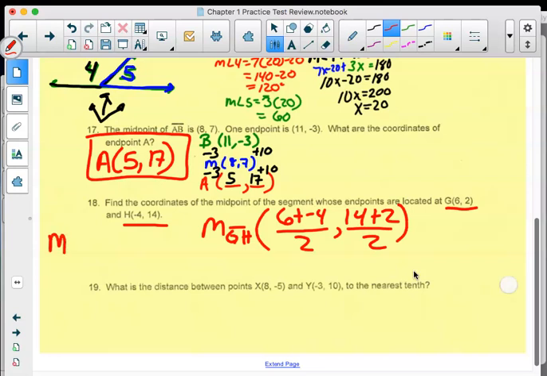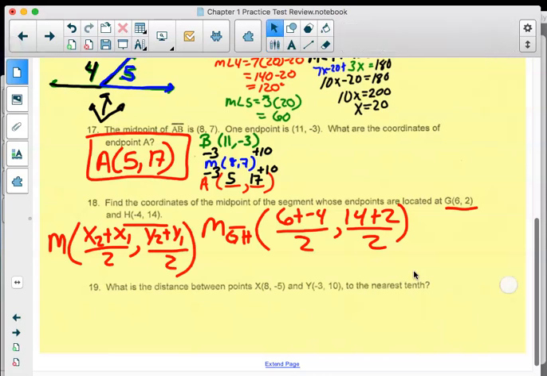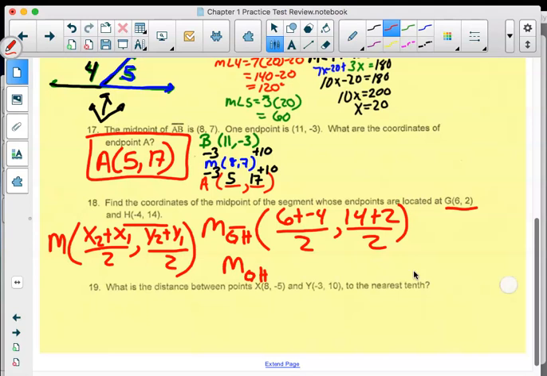Midpoint is my x sub 2 plus x sub 1 divided by 2, y sub 2 plus y sub 1 divided by 2. That's what I'm using. So when I do this, I just evaluate. So the midpoint of segment GH is going to be (1, 8), since 16 divided by 2 is 8. So that's my midpoint of this problem.